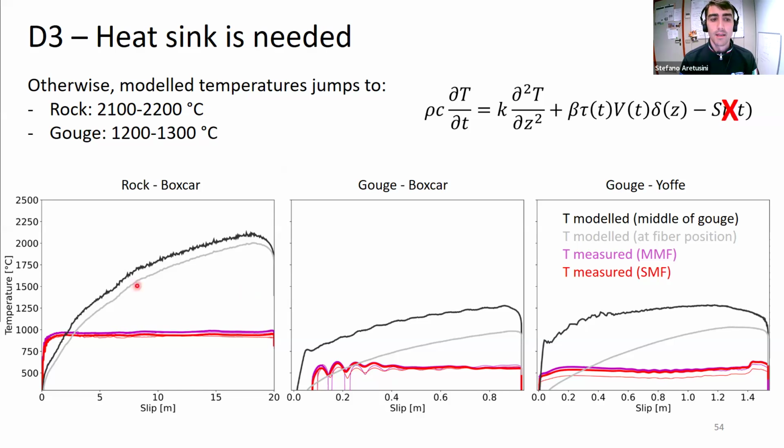In fact, here I show the modeled temperatures in red and purple compared to the temperatures calculated without heat sinks, so from numerical models without including heat sinks. And we see that in models, when we ignore the heat sink, the temperature is really skyrocketing, especially in rock surfaces, but partly also in gouge experiments.